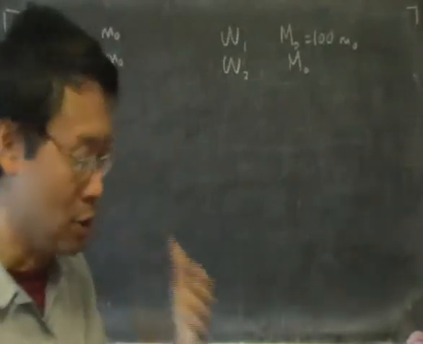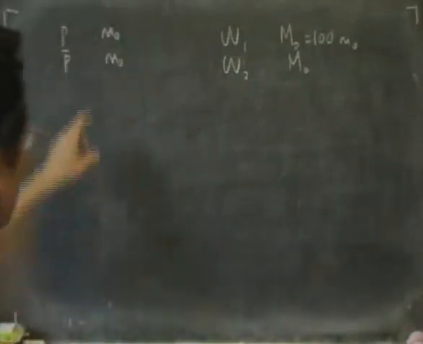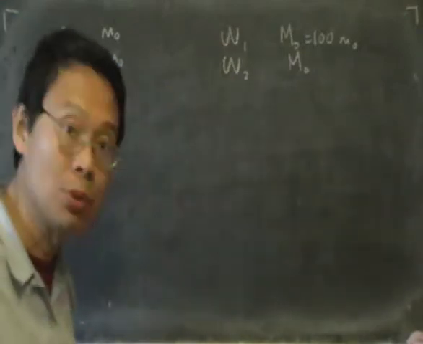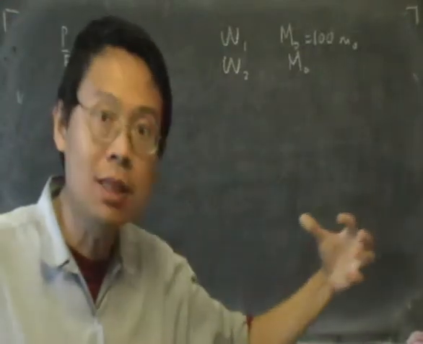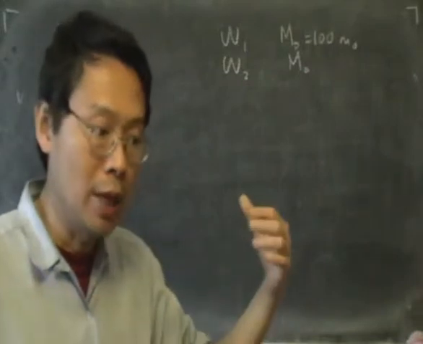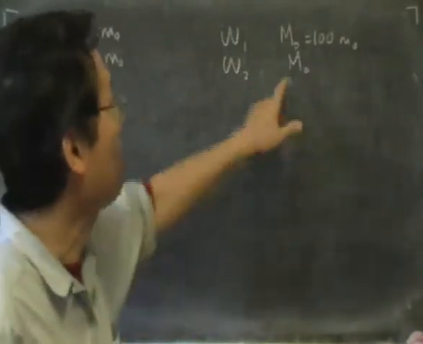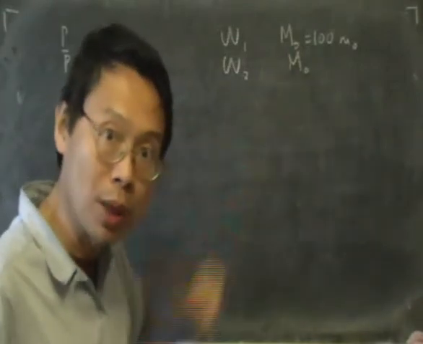So the idea is that the mass of each proton is 100 times smaller than the mass of a W particle, but by putting in enough energy, the energy that we put in can then be converted into the mass of these new particles.